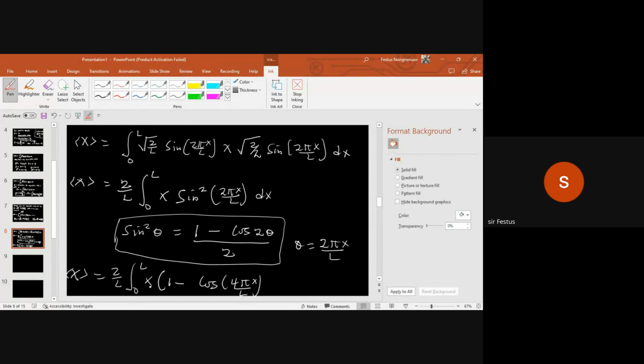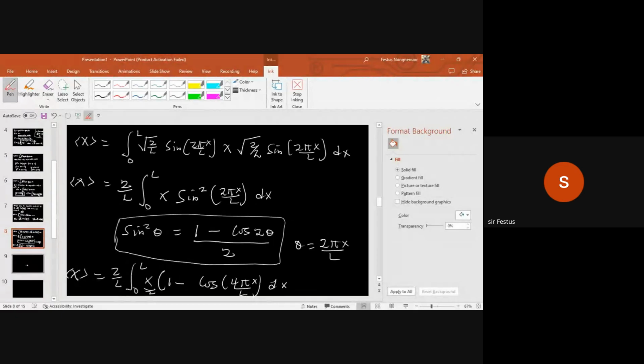I'll bring my divided by 2 here to show that it is divided by all the terms in the bracket. I can actually factorize the 2 out too. If you want that, you can take this 2 out and cancel the 2 here. So you are left with 1 over L, then you have x times this, and then the dx. Then we do our integration.